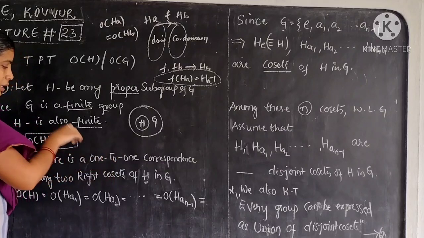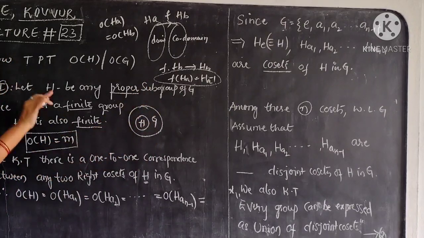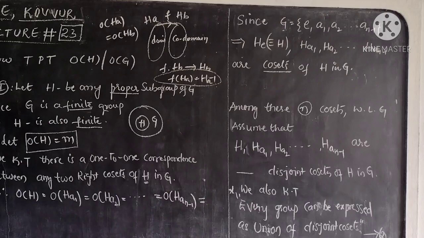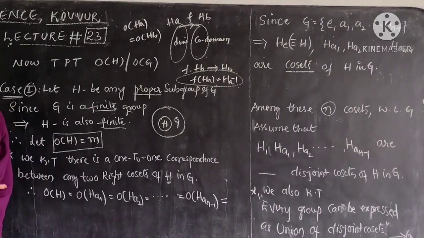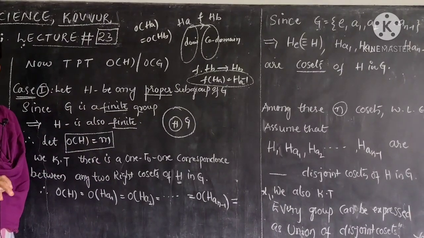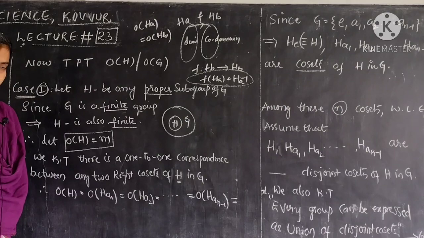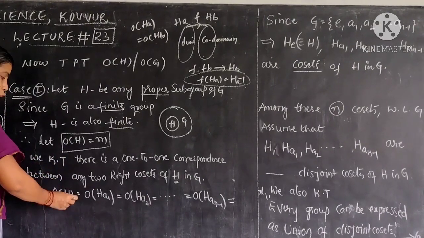Now coming to the statement, we know that there is a one-to-one correspondence between any two right cosets. If you consider HA, HB, whatever it may be, there are so many cosets. This statement says that any two right cosets consist of the same number of elements. From this we can easily conclude the order of HE.